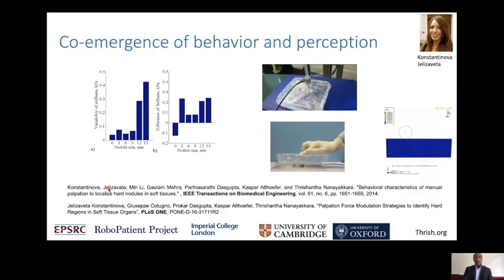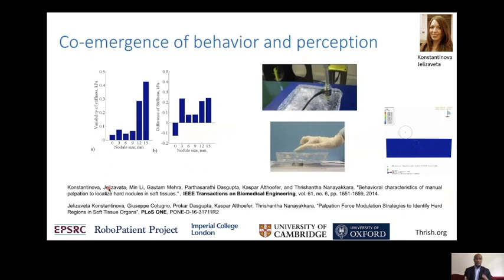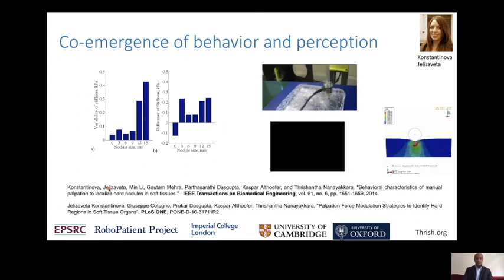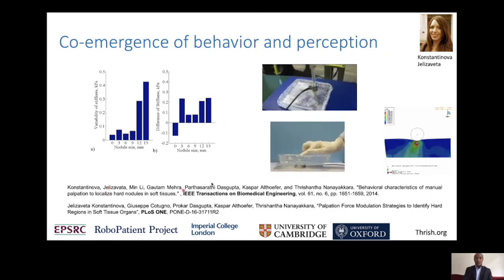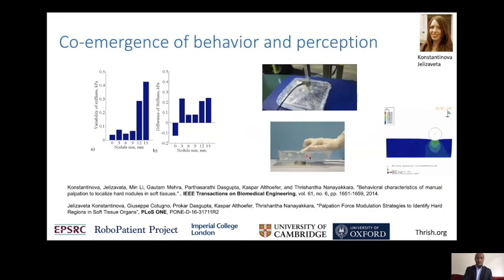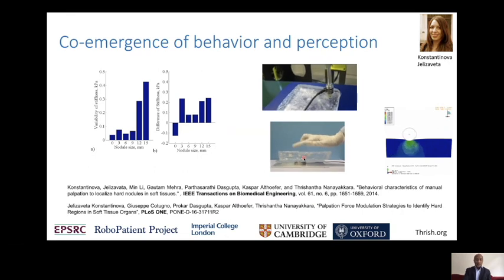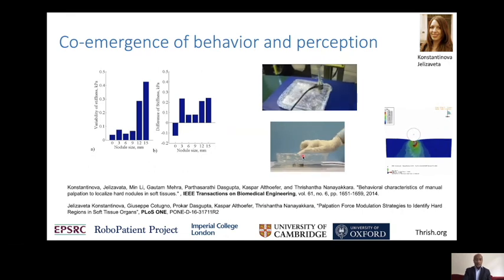We have seen this phenomenon in the behavioral domain too, right? In the previous slide, I showed how it changes with the stiffness of the finger, which is internal conditioning. This is external conditioning, which is behavioral conditioning. We see human subjects, when they explore a soft tissue, do a wiggly movement, and this wiggly movement can be characterized by getting data.